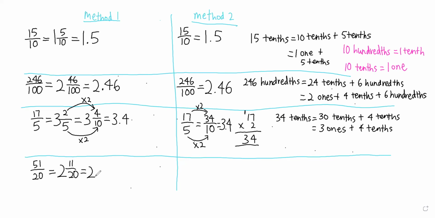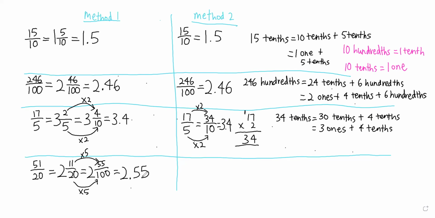So I have to convert it to denominator 100, which means I need to multiply my numerator and denominator by 5. So this is what I get, 55 hundredths. Okay, then I know that this is 2 wholes, which is 2 ones. 55 hundredths is 5 tenths and 5 hundredths.